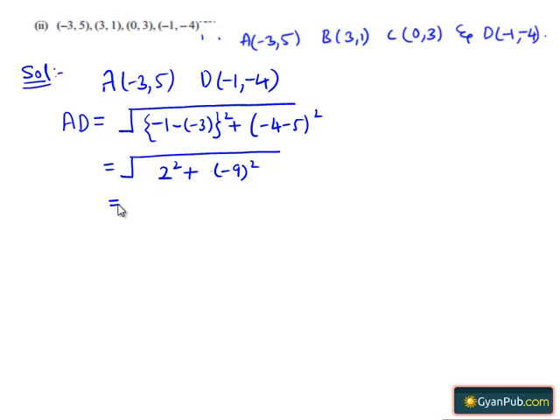That is equal to under root of 2 square is 4 plus (-9) square is 81, which is equal to under root of 81 plus 4 is 85.